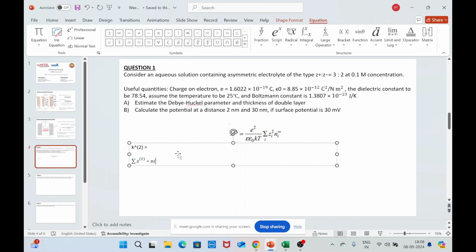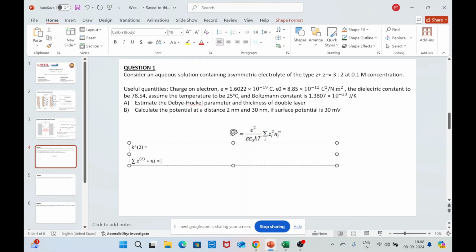What will be this value? You have both cation and anion. Cation has 3 valency and anion has 2 valency, and your n_i is 0.1 molar. So that will be nothing but plus 3, the whole square, times 0.1.